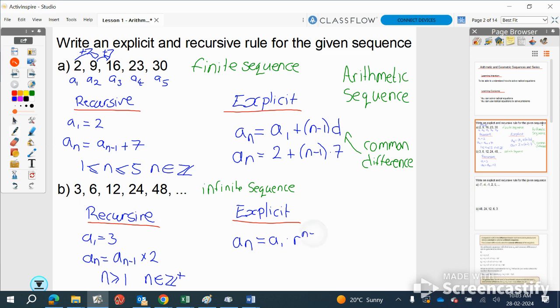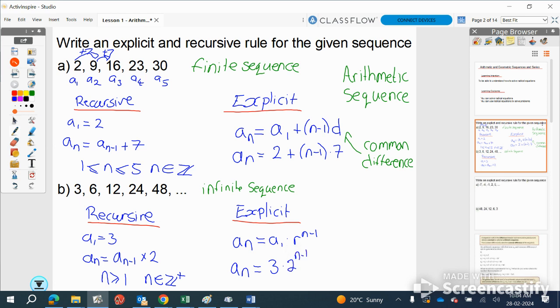We need n minus 1 lots of the common ratio, because at the first term we need to multiply by 1, so r to the 0 is going to be 1. We don't want to move. We only want to move 1 forward through the sequence, so n equals 2. So it's n minus 1 again. So our nth term in the sequence is the first term times 2 to the n minus 1.